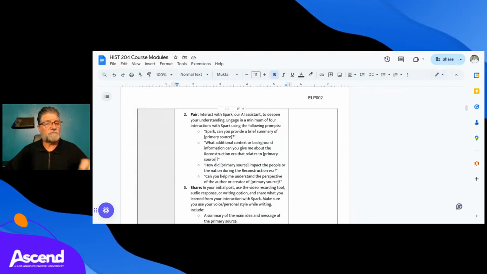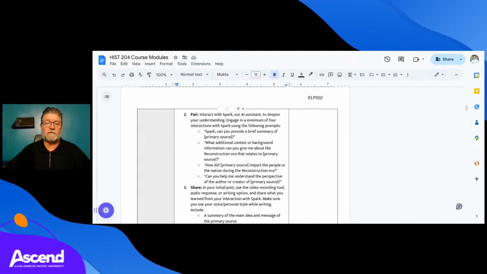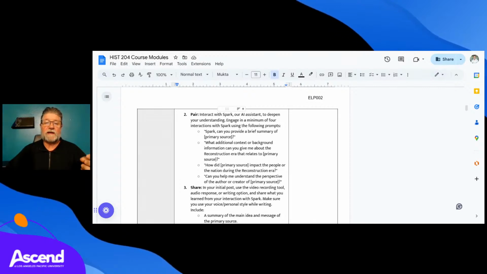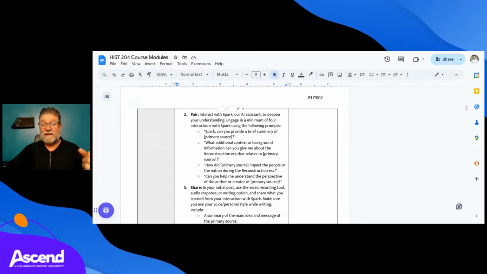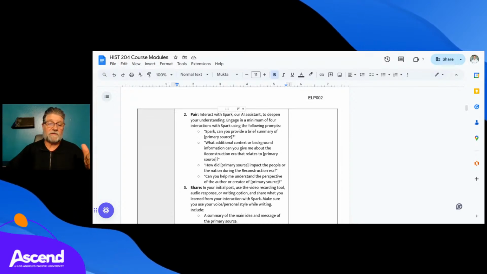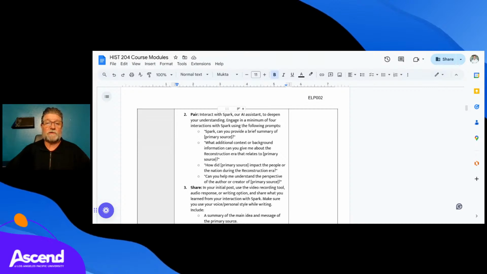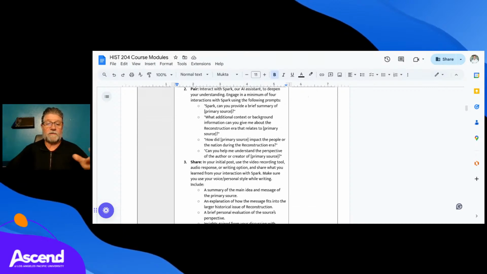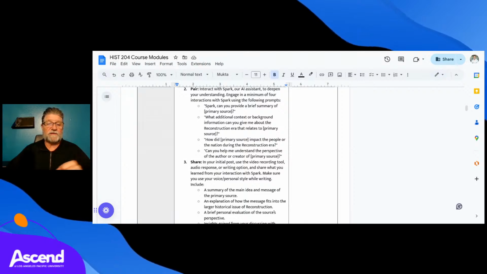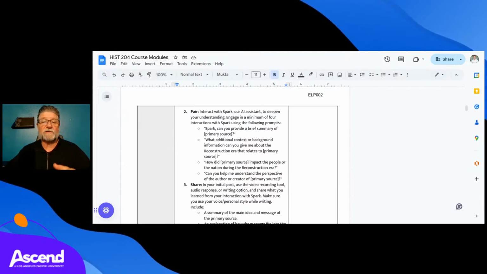They're going to interact with Spark, our AI assistant, to deepen their understanding, engaging in a minimum of 4 interactions. And then we give them some ideas of what they can use as the interactions. So, Spark, can you provide a brief summary of the primary source? Or, how did the primary source impact the people or the nation during the Reconstruction era?